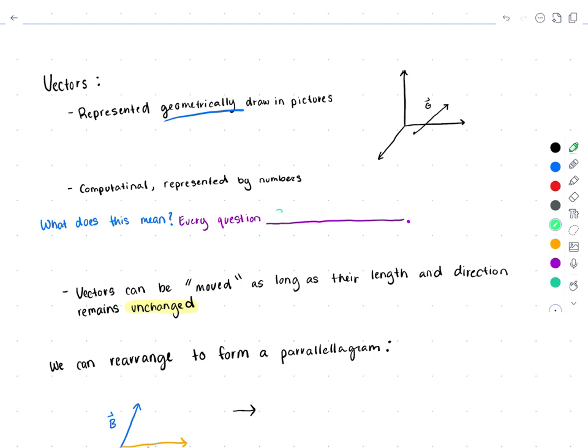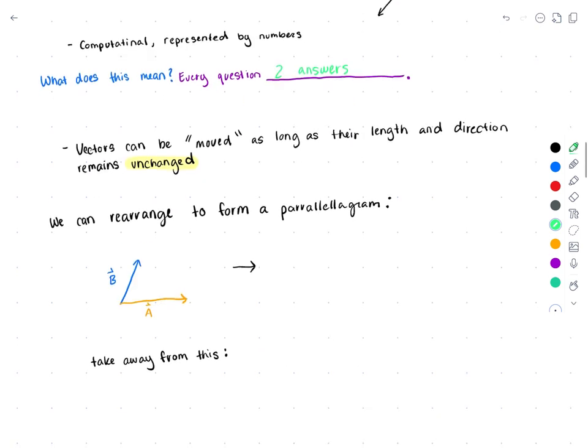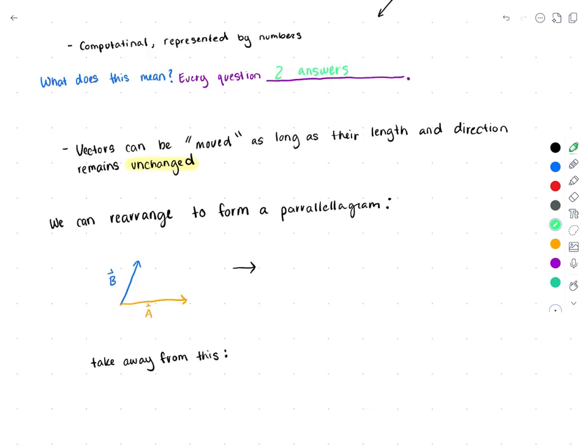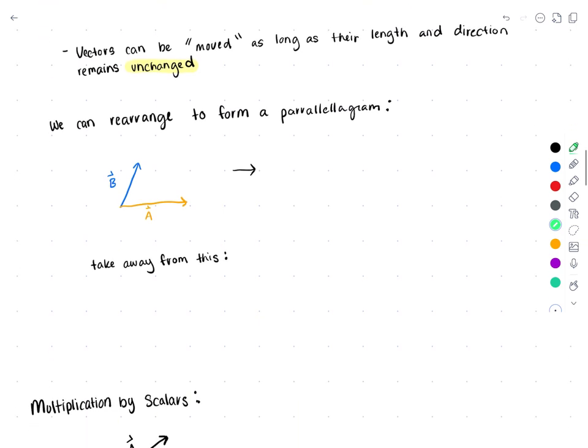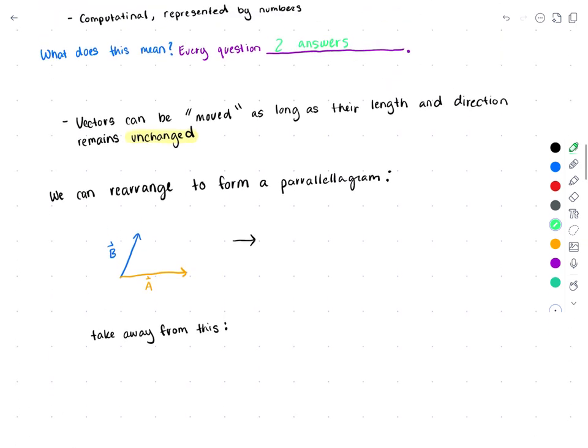That's one of the great properties of vectors: they'll give you both a geometrical answer and a computational answer, both of which can help you solve your final problem.